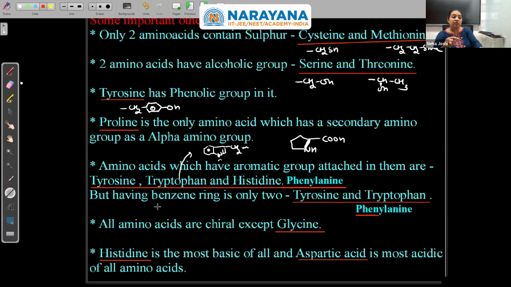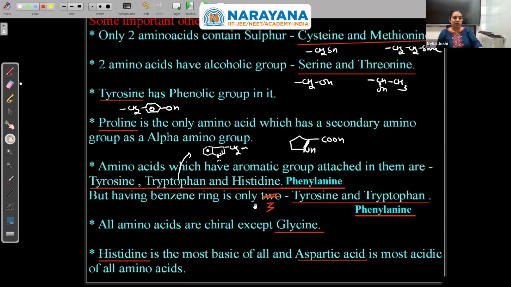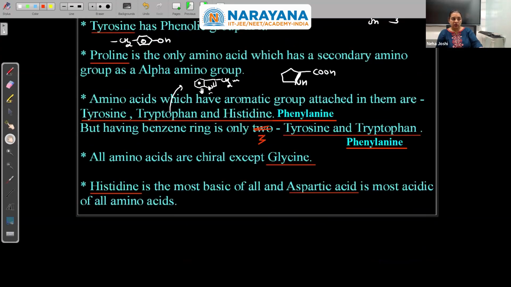But if we are asked how many of them have benzene, then it is tyrosine, tryptophan, and phenylalanine. Not 2, only 3. Okay, 3 have a benzene ring present in them. Yes, but tryptophan, this is not exactly benzene. This is a different heterocyclic compound also. So if they are strictly benzene, then the answer is only tyrosine and phenylalanine.